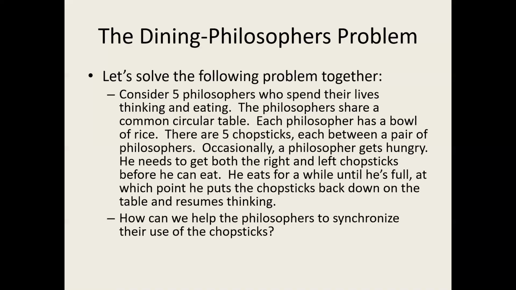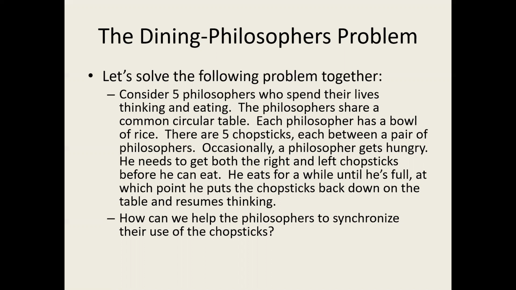Immediately after the process completes, it will release the resources. Same thing here. When a philosopher completes his eating task, he will release both left and right chopsticks. So another philosopher who gets hungry can get hold of the left and right chopsticks and start eating.